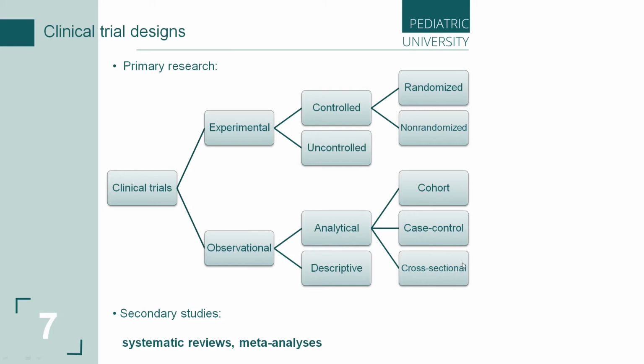Analytical studies may be cohort, case-control, and cross-sectional studies. All of these studies are summarized by systematic reviews and meta-analyses. These are secondary studies. They are based on primary studies that have already been done.